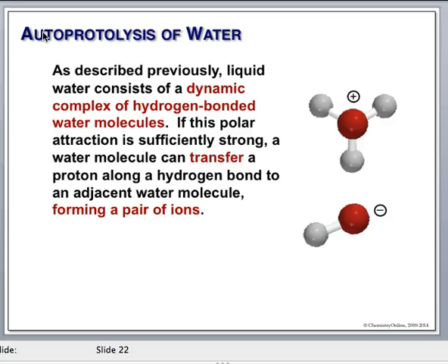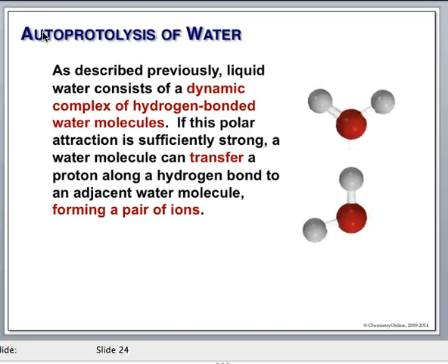Now again, they're still sitting next to each other. This guy can hand it back. And we're back to two waters that are simply hydrogen bonded. I can sit here and push the button and do this all day. It's fun.